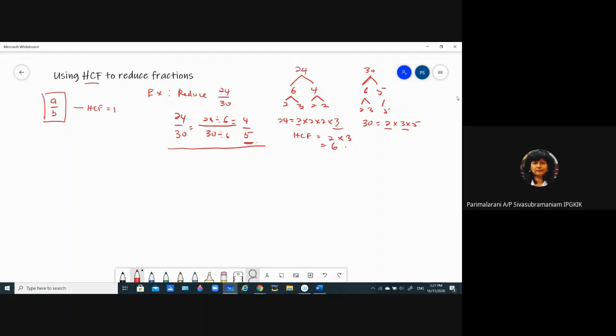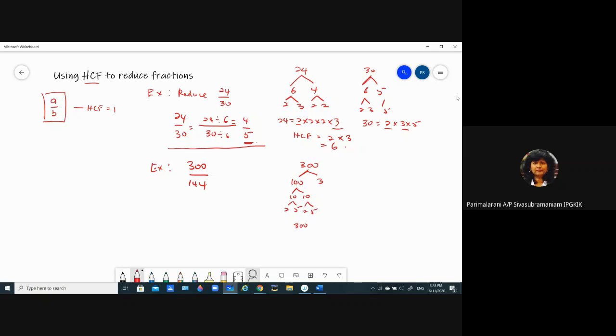Yes. Okay, one more example. 300 over 144. So what do we do now? We need to do the prime factorization for 300. 300 will be 100, 3. 100 is 10, 10. 2, 5, 2, 5, 3.